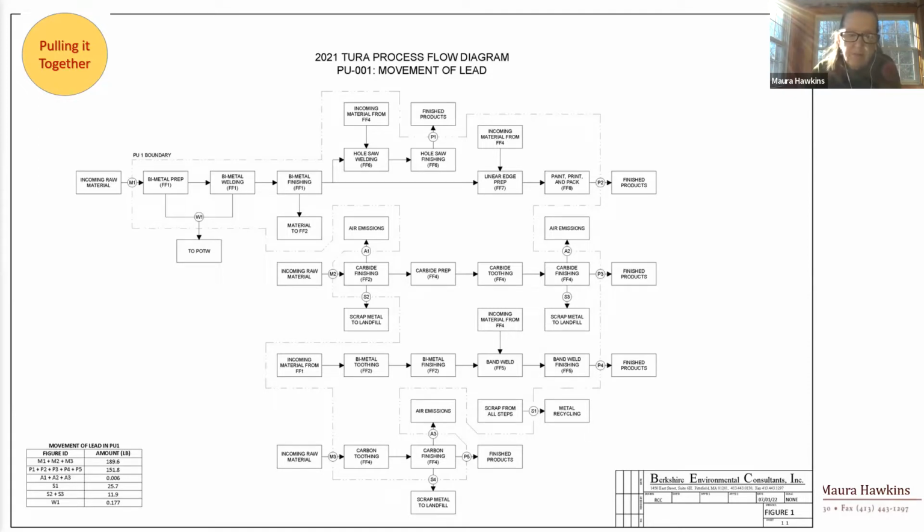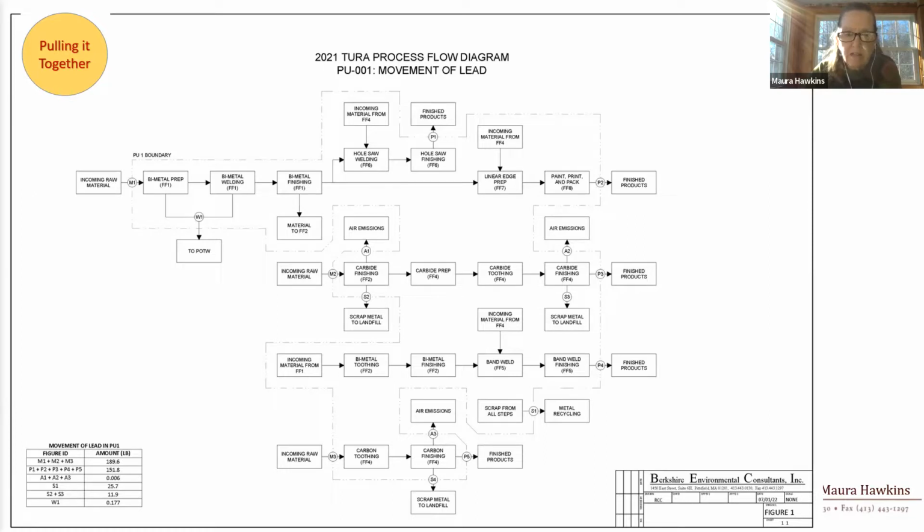This facility takes metal and then they manufacture a set of products from that. But there's a bunch of different products, and each one of those products has a different concentration of lead. But they tracked it. They already tracked the amount of finished product from each one of these processes.